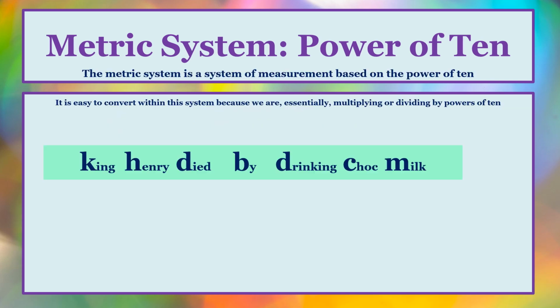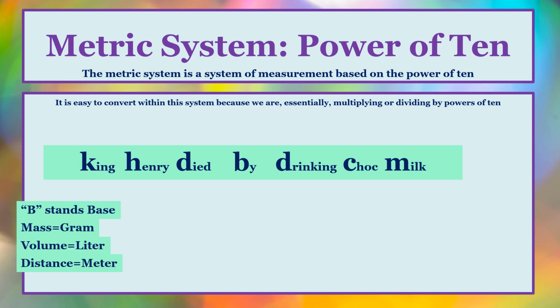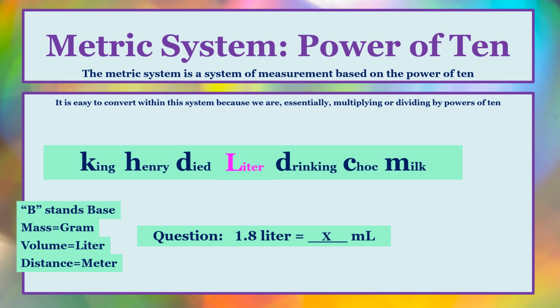We'll continue our practice with our King Henry died by drinking chocolate milk, and we know the B in by stands for base, which could be mass, which is grams, volume, which is liters, distance, which is meters, and our question is going to be 1.8 liters equals X milliliters. We know that this formula is going to be requiring liters, so that's going to be our base.